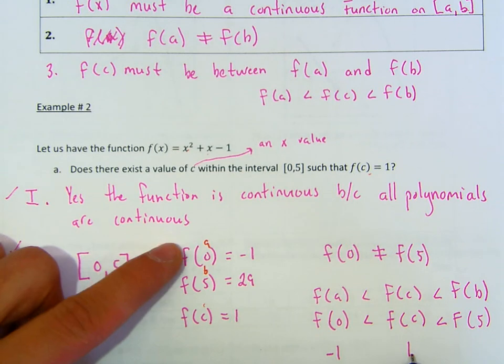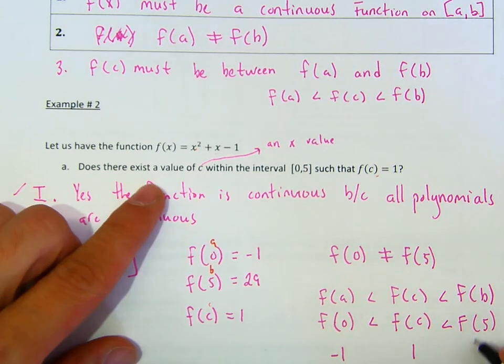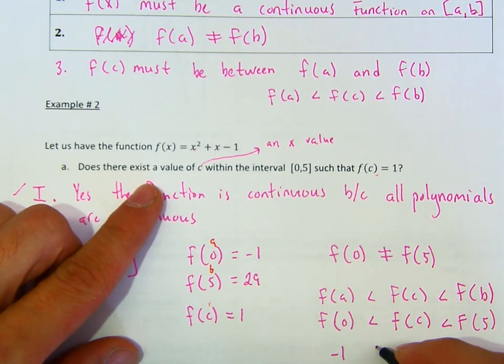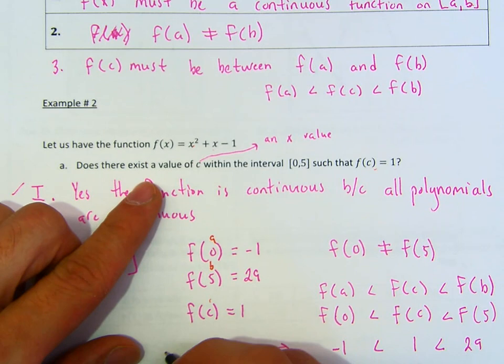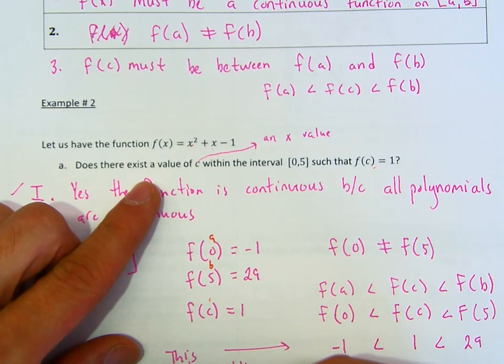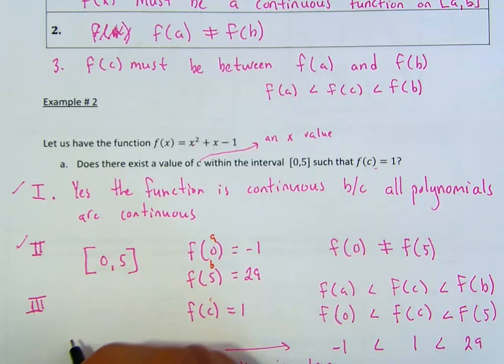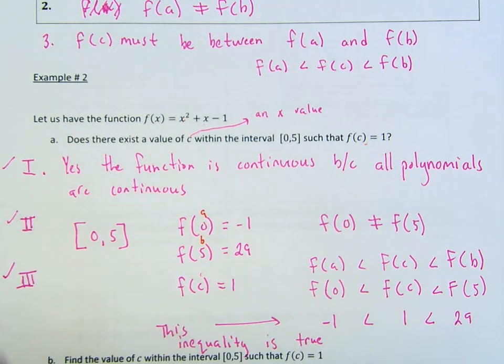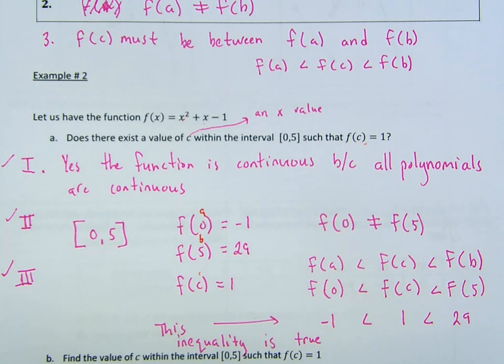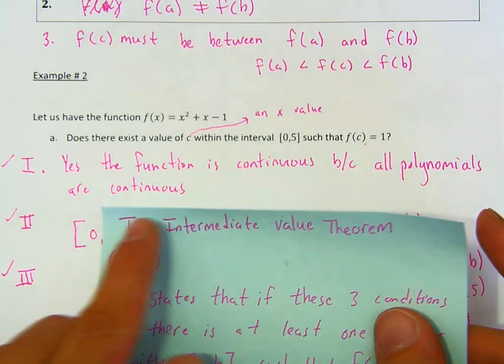Is 1 between negative 1 and 29, and this inequality is true.